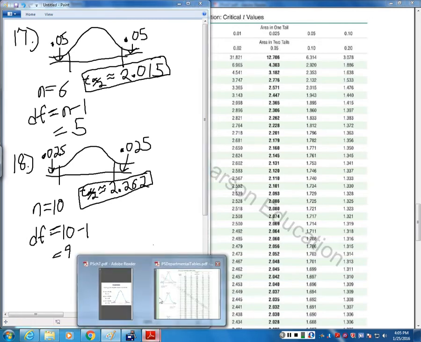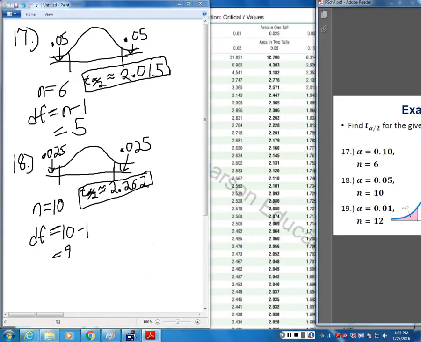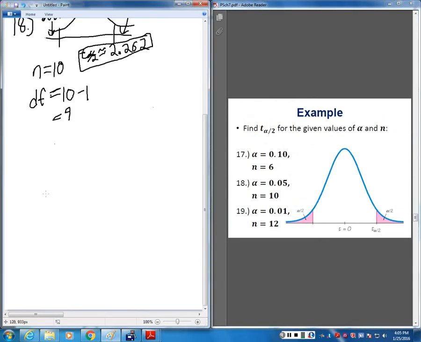Let's do another. Number 19 says, what if alpha is 0.01 and the sample size is 12? Well, let's sketch this one as well. Number 19. Alpha is 0.01, so 0.005 would be in each tail, since confidence intervals are two-tailed.